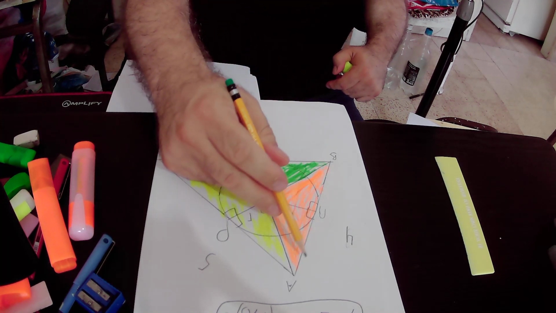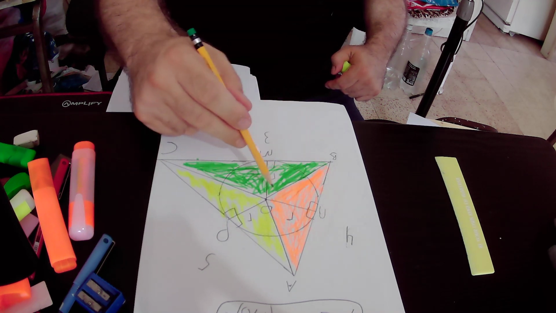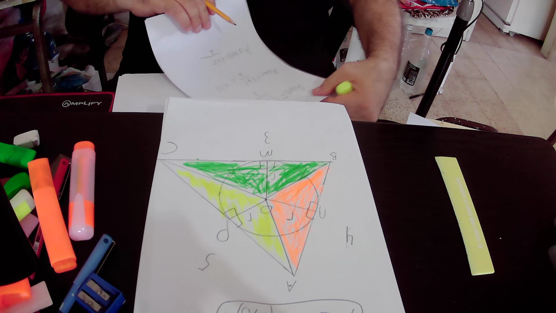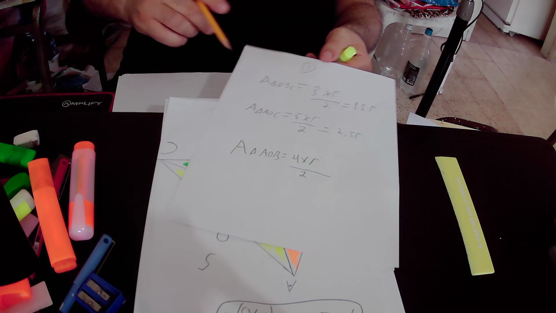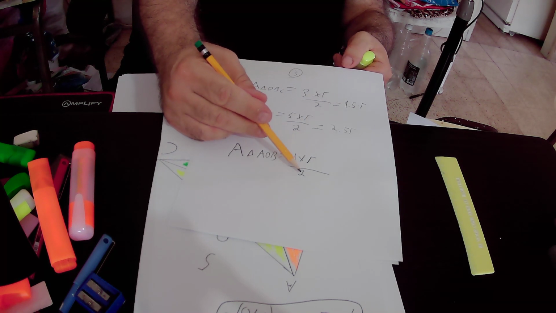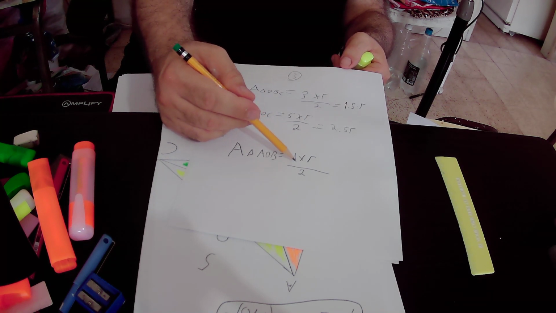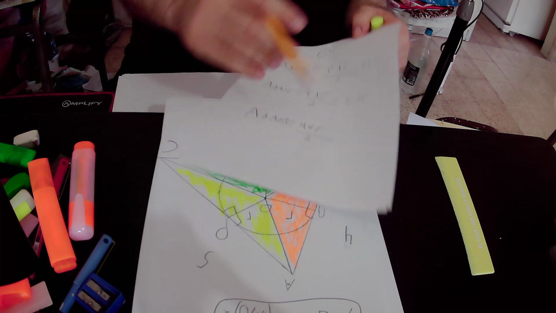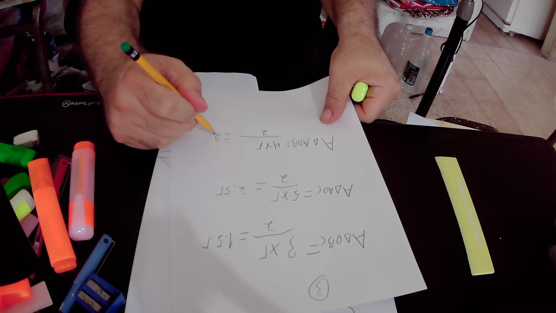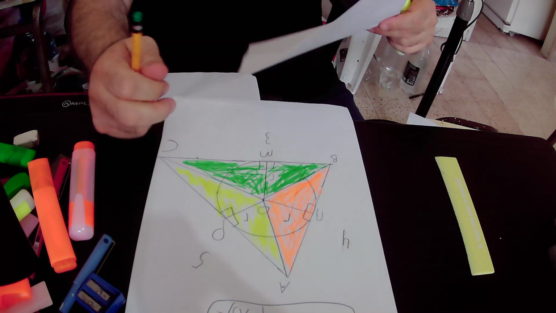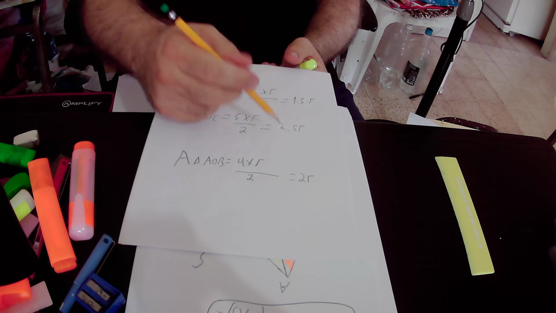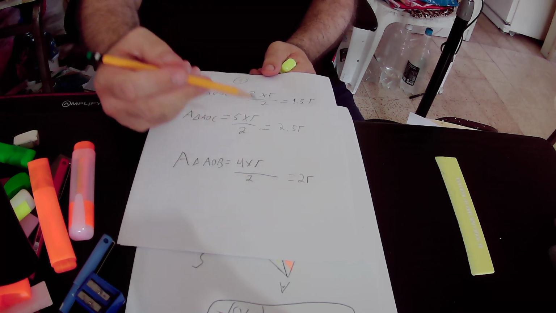The base is 4 units times the height, the radius, divided by 2. So the area of the orange triangle equals the base, 4 units, times the height, the radius, divided by 2. 4 over 2 equals 2, so I write it down. So the area of the orange triangle equals 2 times the radius of the circle.